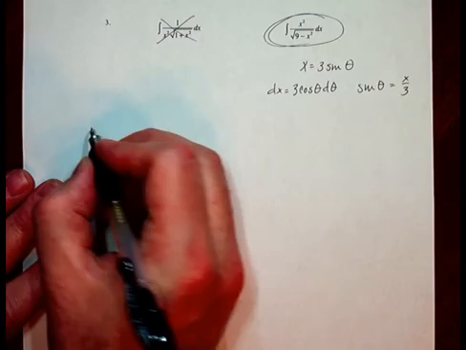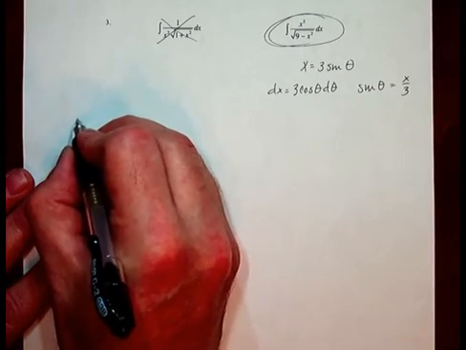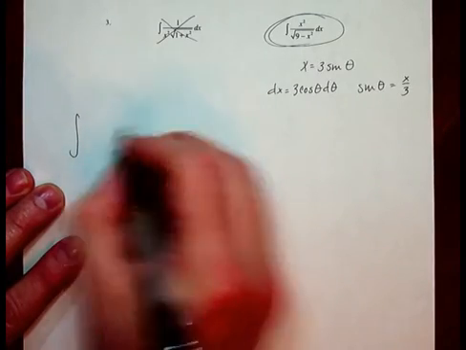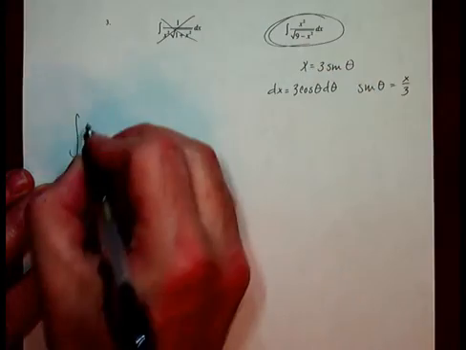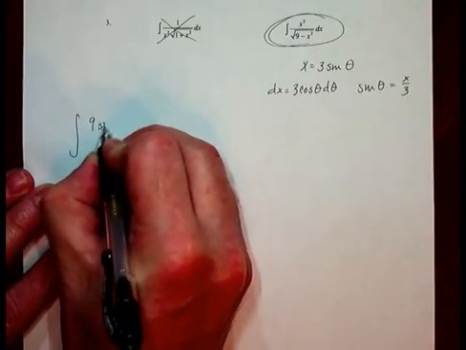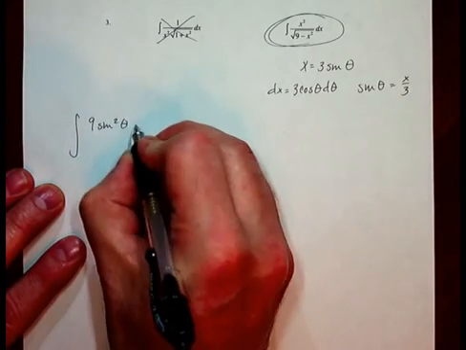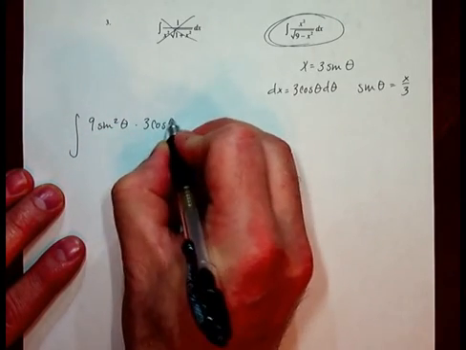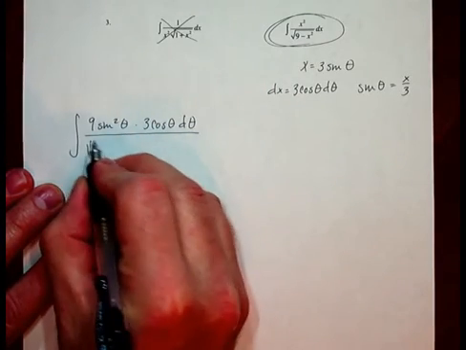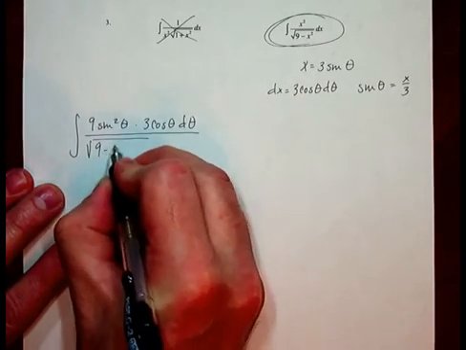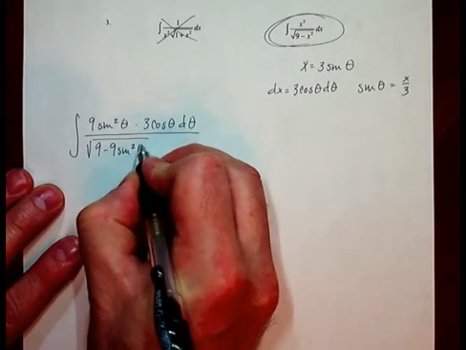I'm going to go ahead and go over here so I don't limit myself in terms of space. In the numerator, I have x squared, and I'm going to go ahead and put my dx up in that numerator as well. So I have 9 sine squared theta times 3 cosine theta d theta. Down in this radical, I have 9 minus 9 sine squared theta.